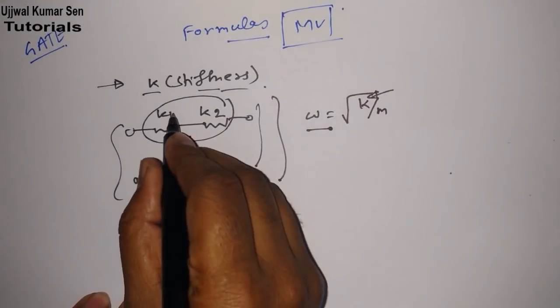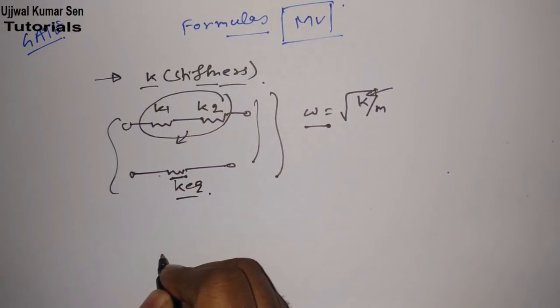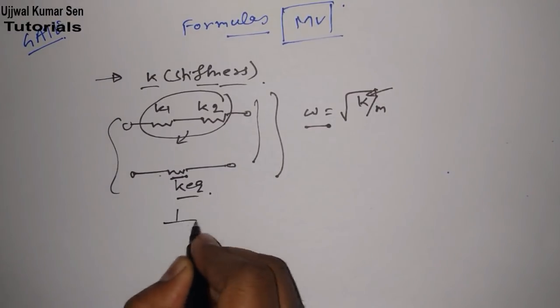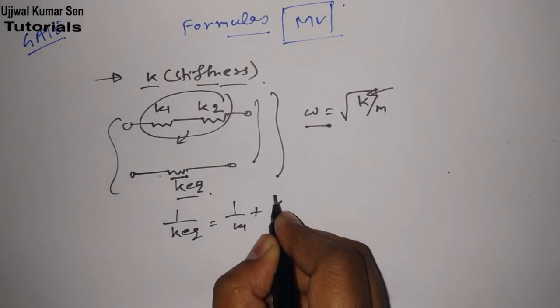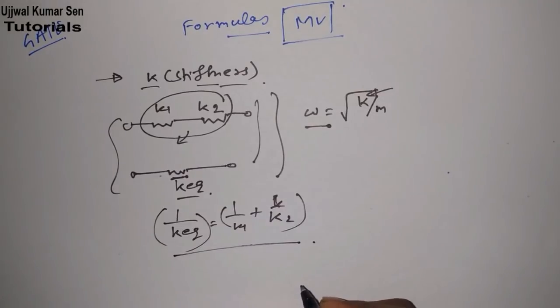Okay, so if these stiffnesses are in series, suppose K1 and K2, to find K equivalent, what do we have to do? We have to do just like this: 1 by K equivalent is equal to 1 by K1 plus 1 by K2. You have already done this in the case of resistance, in class 12th I think.